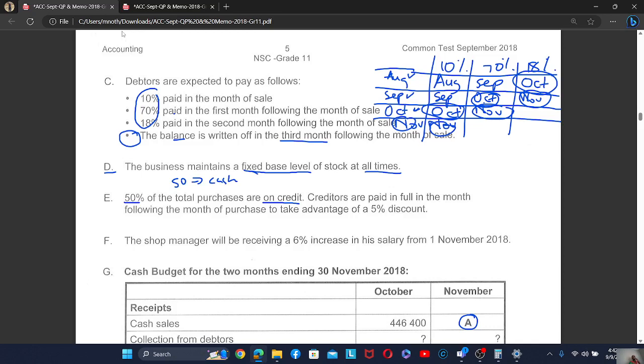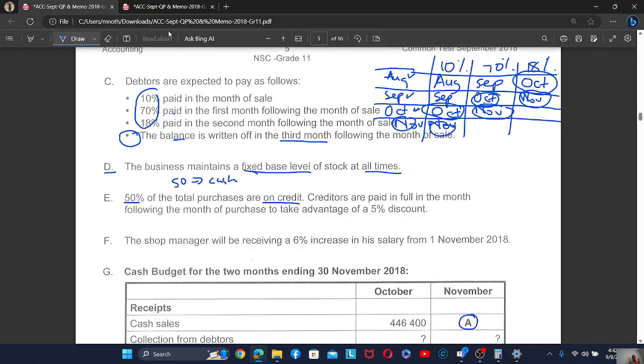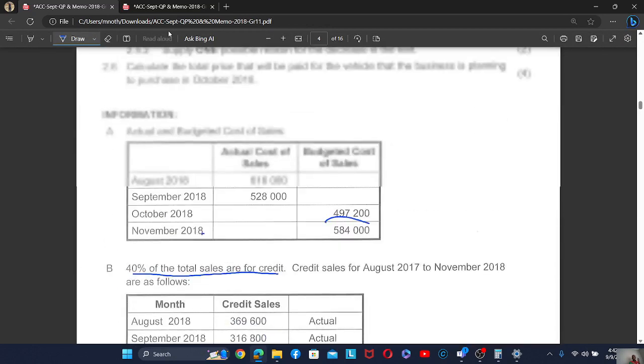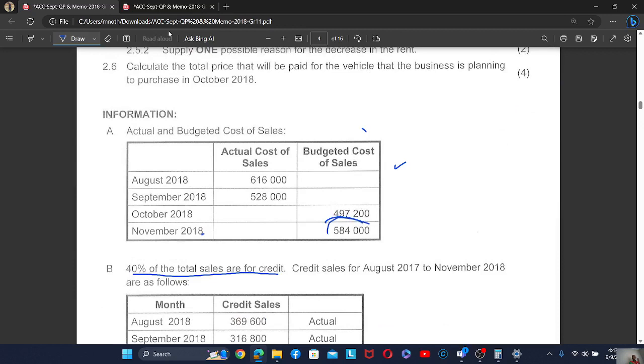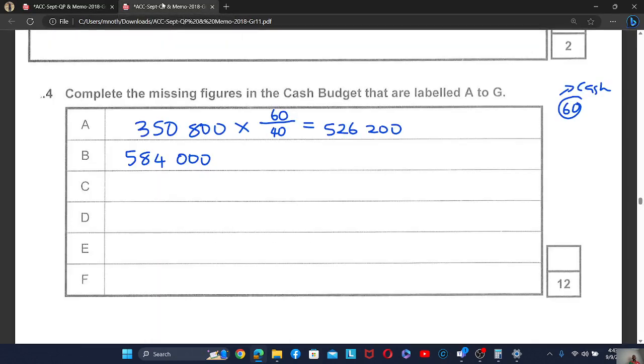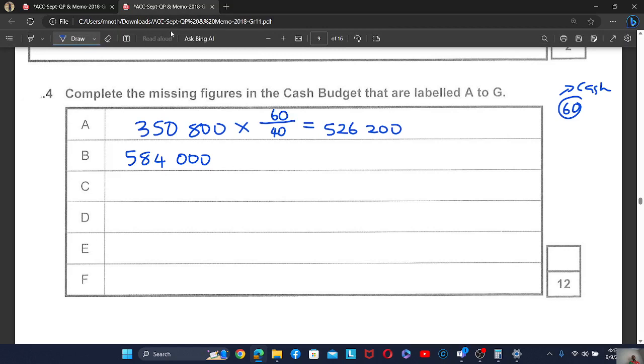So we know that the business sold the goods in November, because as they are showing us the cost of sales, obviously it means that in November they sold. So if the business sold here in November, because of the fixed base system, the business has to replace these goods by buying other goods. But we are told that 50% is for cash, 50% is for credit.